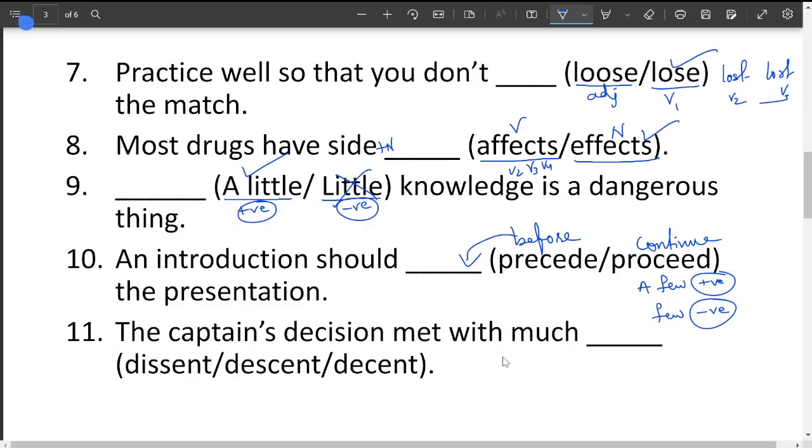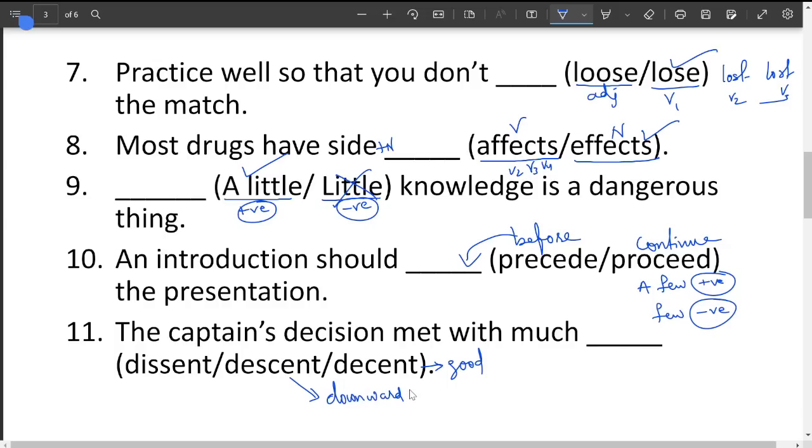So, what can you use here? Much descent. Next one, decent. Other one, decent. This decent is being good, being very calm. Okay. Next, this descent is used with the meaning of dominant kind of thing, or you can go with the meaning of downward.